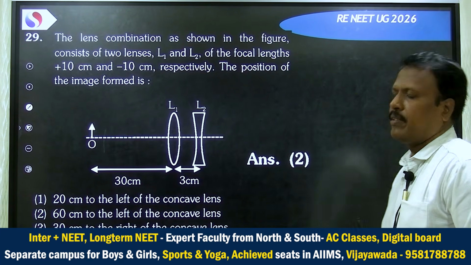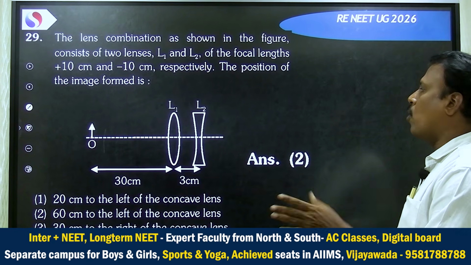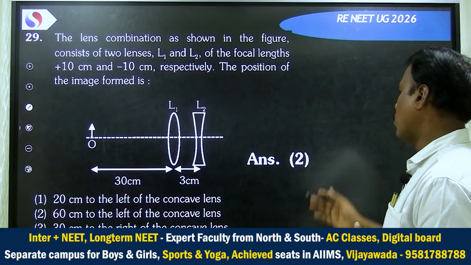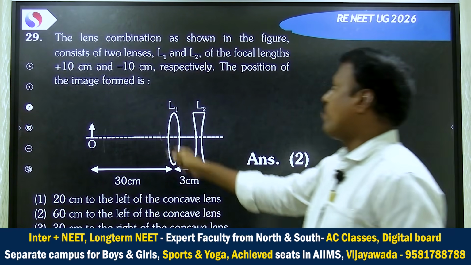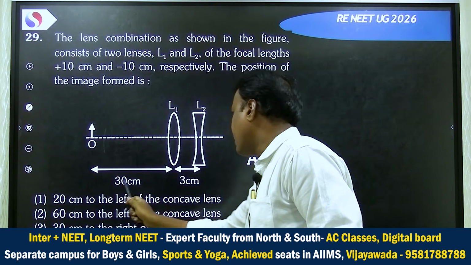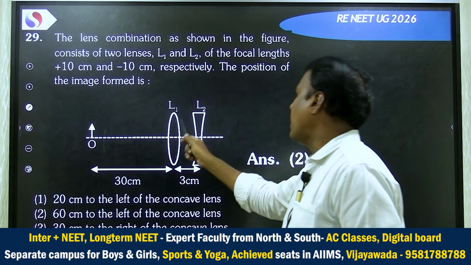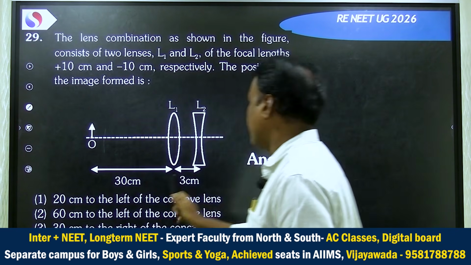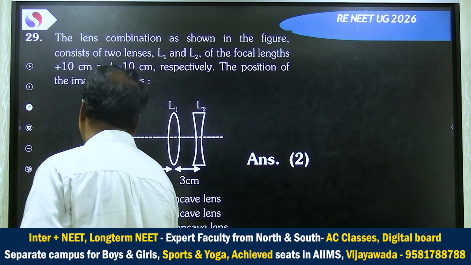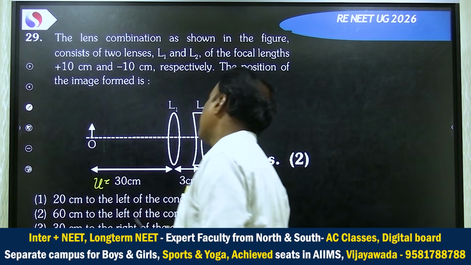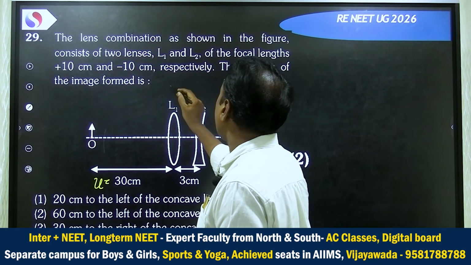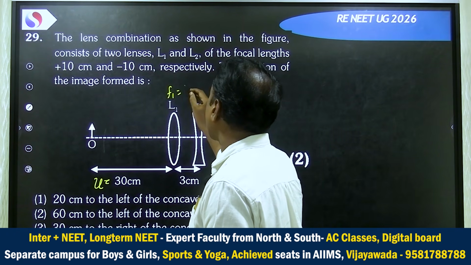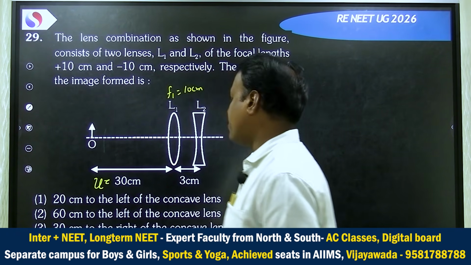Now look at number 29. It is from optics. First of all, there is an object at a distance of 30 centimeter. We have a two lens system. For the first lens, you can take the object at 30 centimeter and the focal length of the first lens as plus 10.